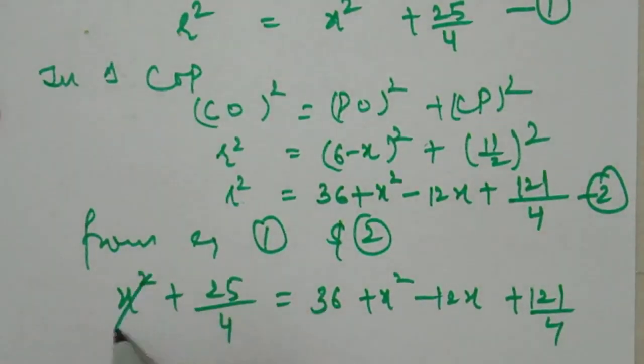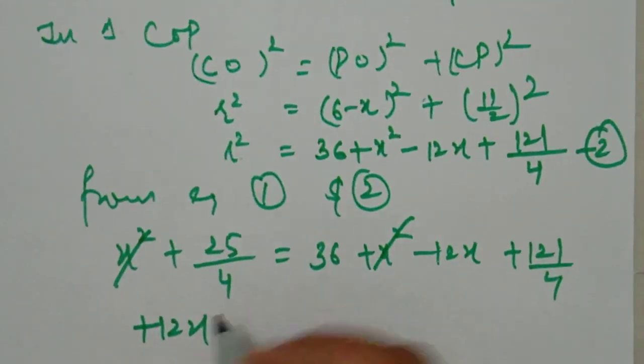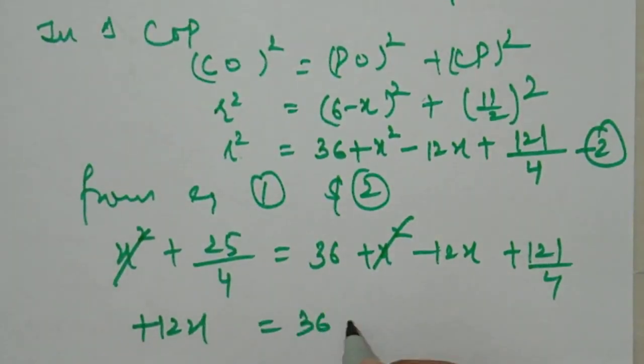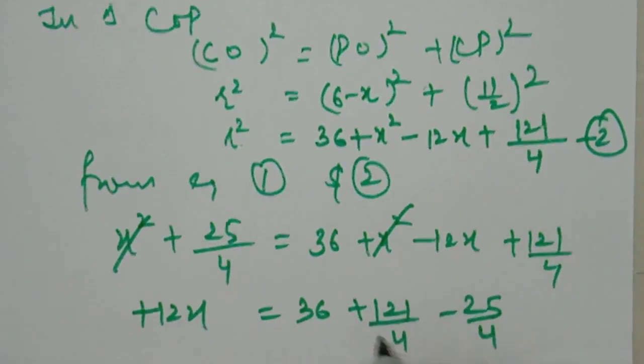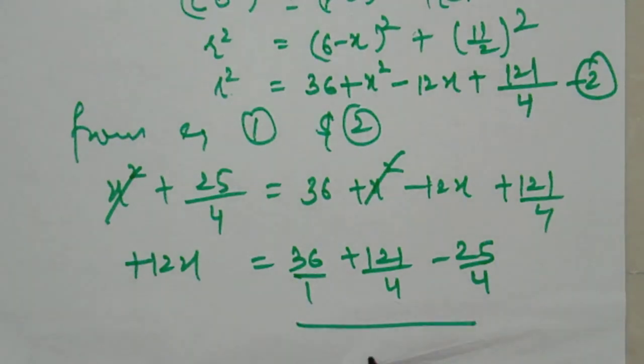So student, for solving, x square will cancel with x square. Then minus 12x changes to the other side, it will be positive 12x, then 36 plus 121 upon 4 minus 25 upon 4. We will take LCM on this side as 4.